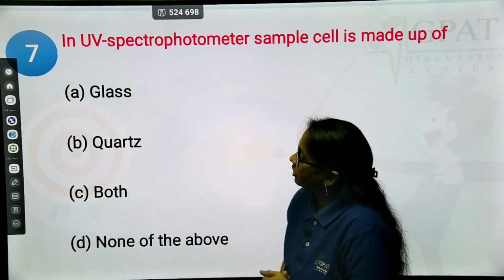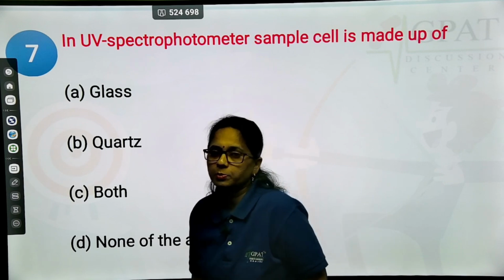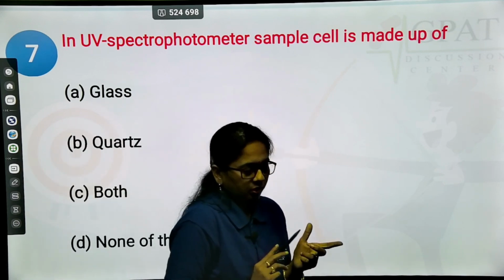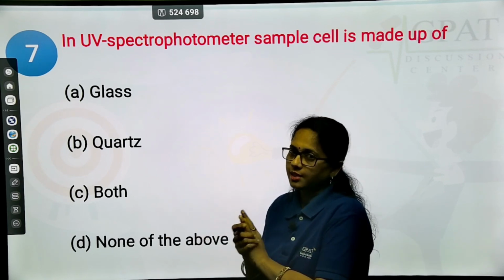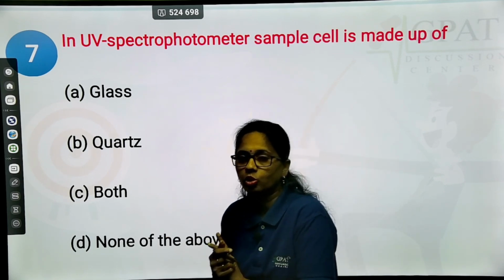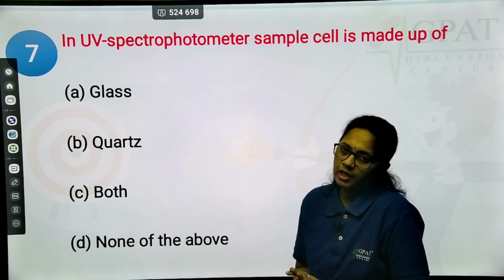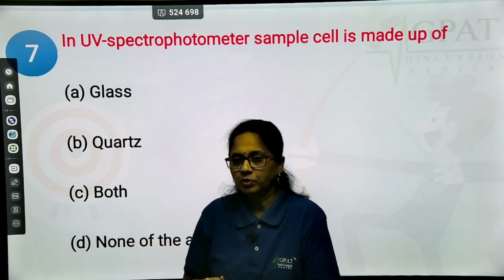And next question, in UV spectrophotometer the sample cell is made up of. In a UV spectrophotometer we know that the source of radiation is very important, then the monochromator. After the monochromator the light radiation enters the sample cells. Those sample cells are also called cuvettes. These are made up of either quartz or glass. Quartz cuvettes are used for UV radiation, whereas glass cuvettes are used for visible radiation.